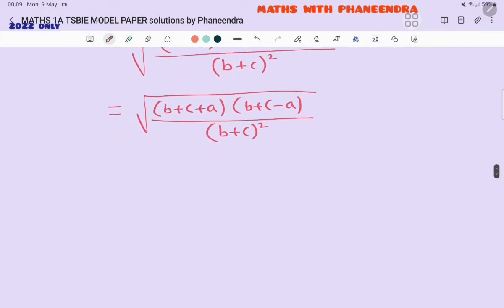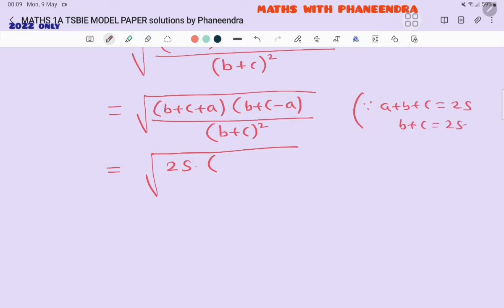So A plus B plus C means 2S. Here also we have to add and subtract A, otherwise we can write like this. A plus B plus C is equal to 2S. So B plus C can be written as 2S minus A. So in place of B plus C, 2S minus A, 2S minus A minus A by B plus C whole square.